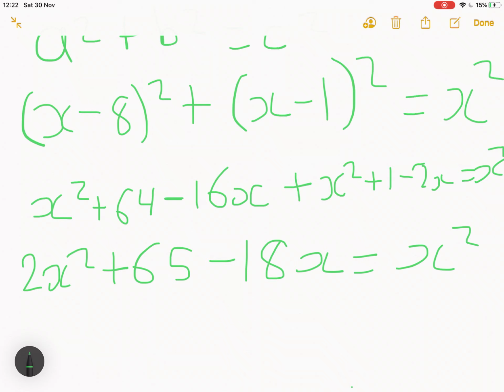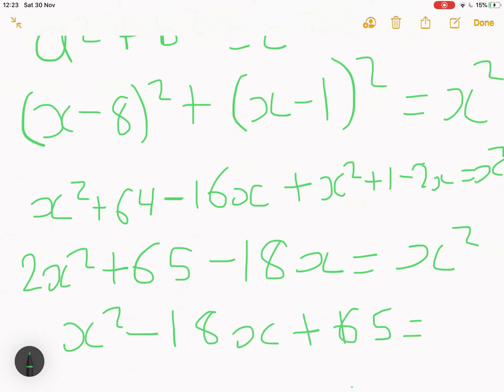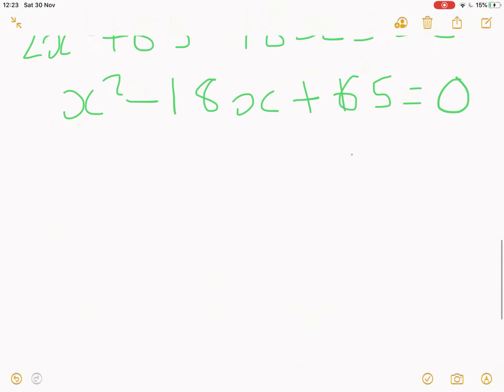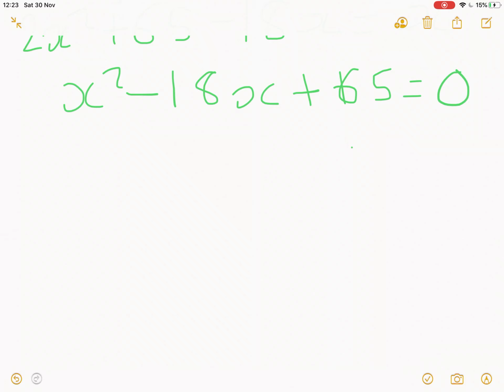Then we put x squared onto this side and do 2x squared minus x squared, which is just x squared, then minus 18x plus 65 equals 0. We've got x squared minus 18x plus 65 equals 0, and then we can use the AC method to find out what x is.